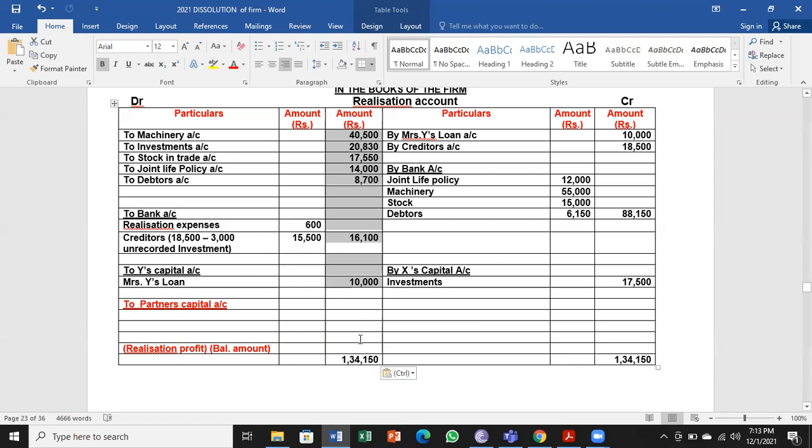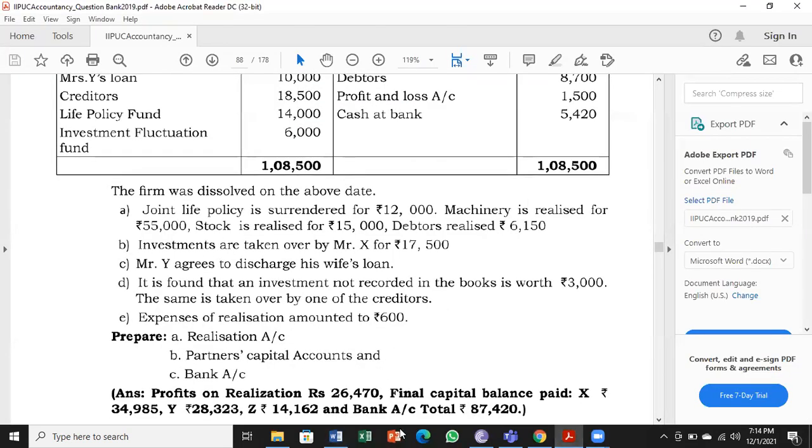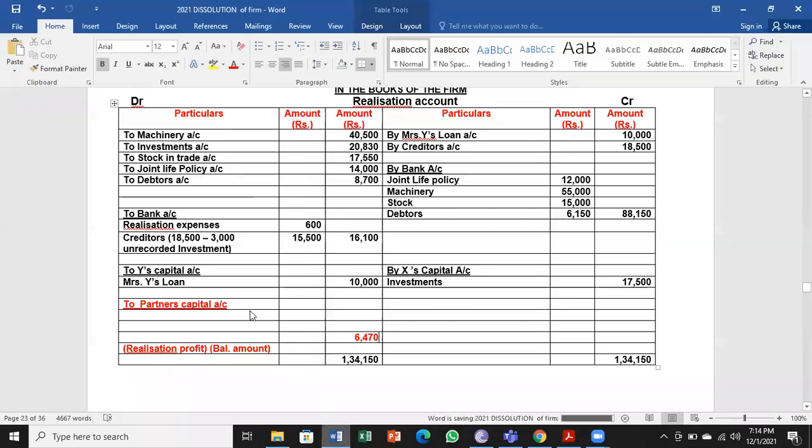So we get here the balance 6,470. Here the answer is wrong, 26,470, but it is only 6,470.